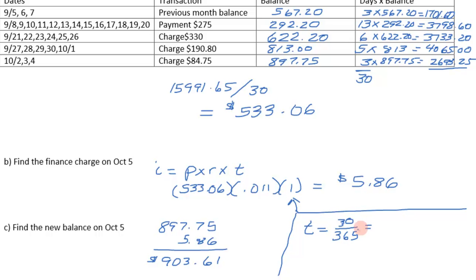And so some books, you will get that decimal as your time. And so if you're noticing that your finance charges are off by a few cents or by a bit, try this method and see if when you replace that in here, whether you get the answer that your book is using. Okay? All right, hope that helps.